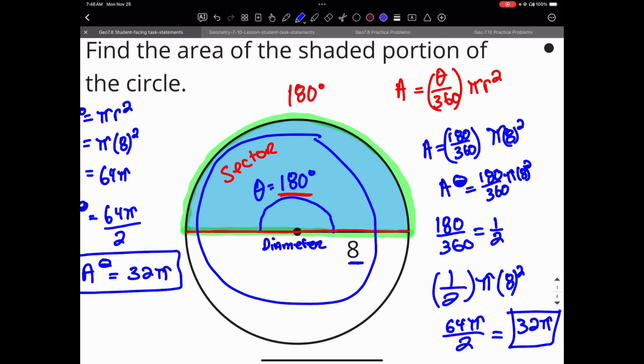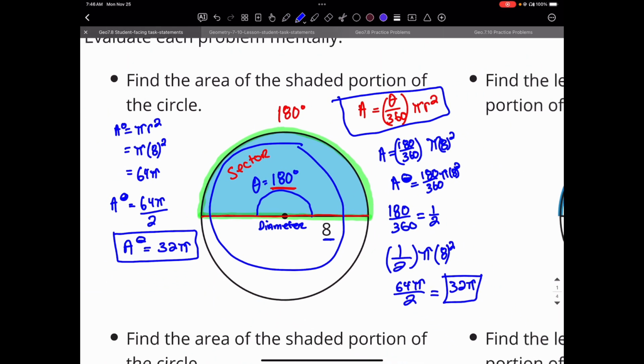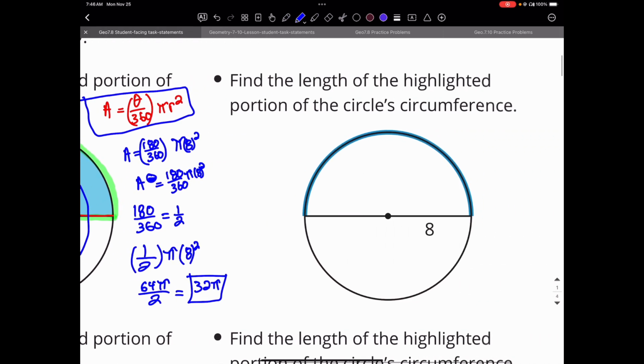You've got to have a way to solve it, and that's with this here. So the area of a sector is going to be, and don't forget that angle theta, right? That's not a circle or a zero, that's just the Greek letter theta, right? Theta over 360 times pi radius squared.